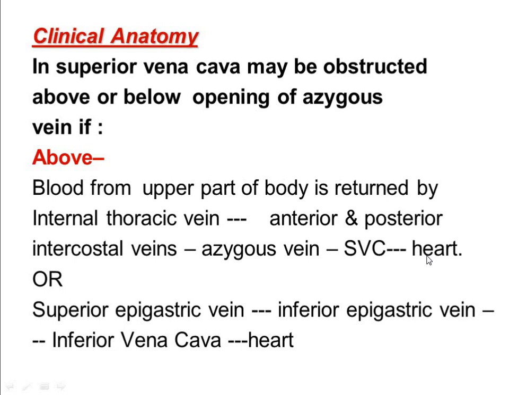So instead of the internal jugular vein and subclavian vein, venous blood comes via the internal thoracic vein, or there can be joining of the superior epigastric and the inferior epigastric veins, which will drain into the inferior vena cava, and the inferior vena cava also brings the venous blood into the right atrium.